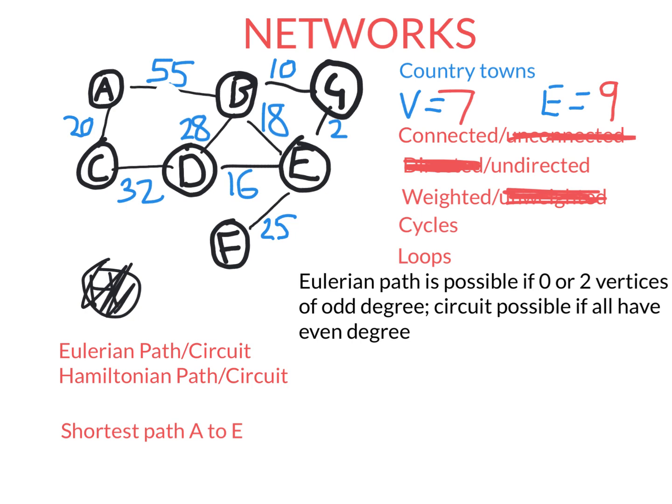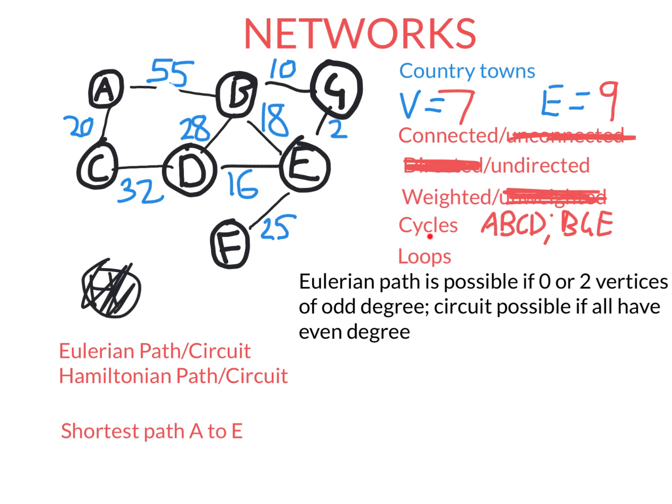So A, B, C, and D is an example of a cycle, but this graph has many cycles. You can see that B, G, and E form a cycle. Turns out A, B, G, E, D, C, A, that forms a cycle too, because you can start at A, go through each of these vertices only once, and end up back where you are.